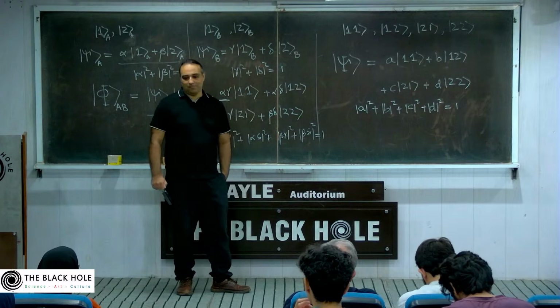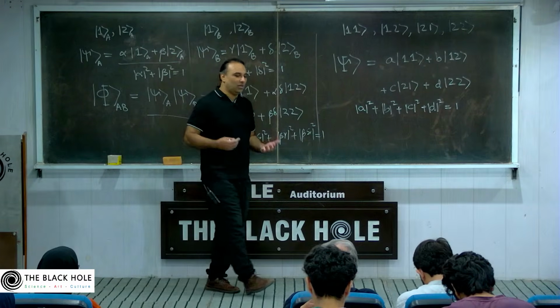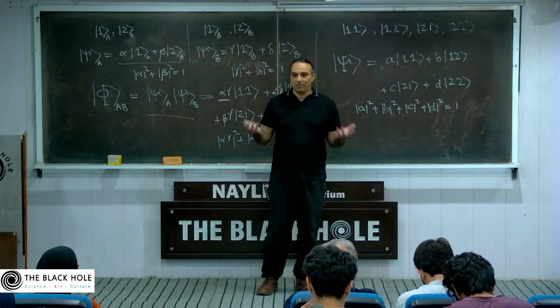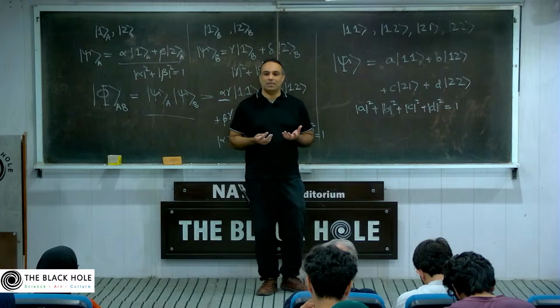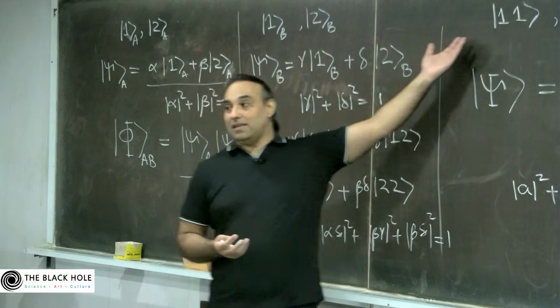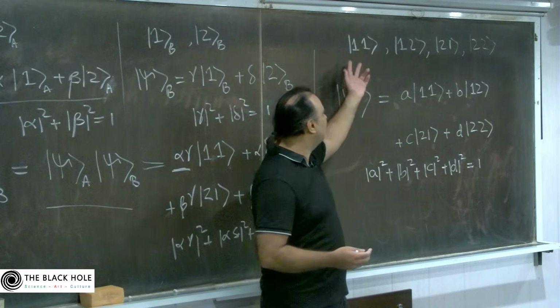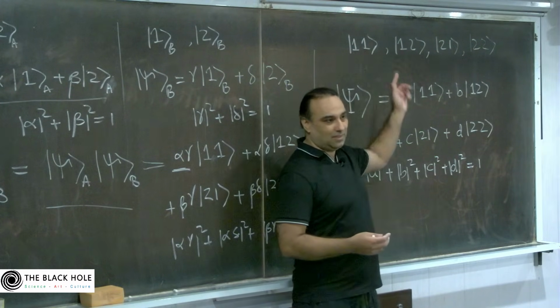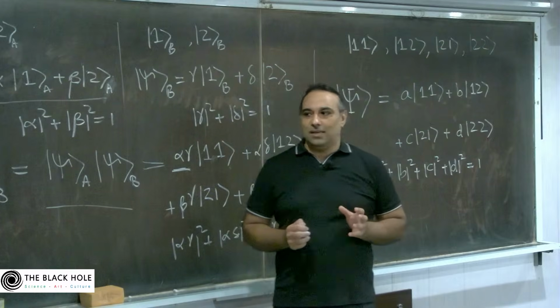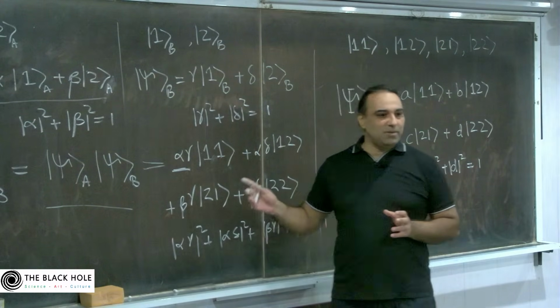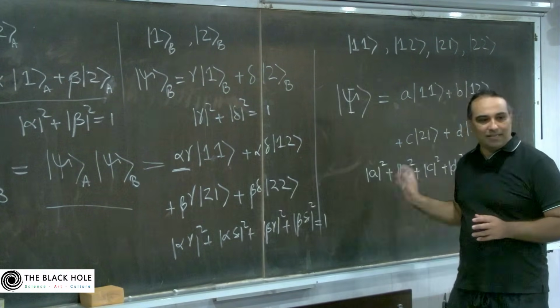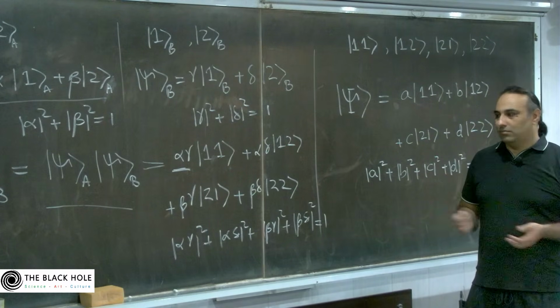Okay, so now you know that when we have a composite system, how to write its basis states and what its Hilbert space is. So the Hilbert space is spanned by these products. Okay, so now to differentiate between this kind of state and that kind of state, what can we do?